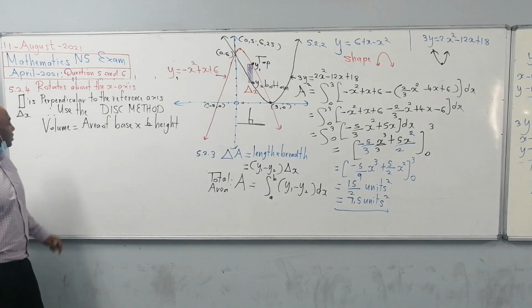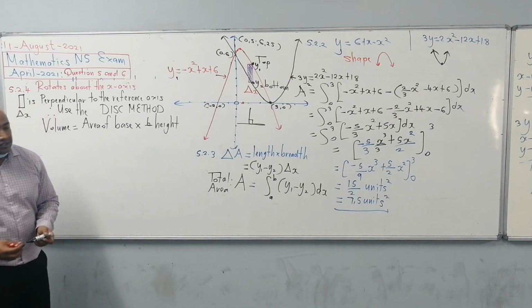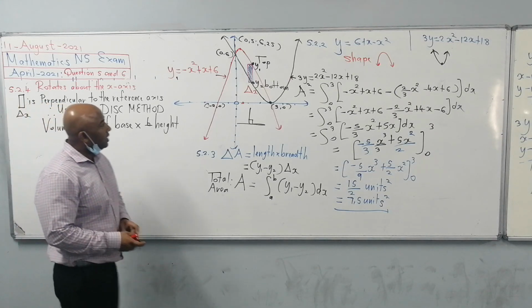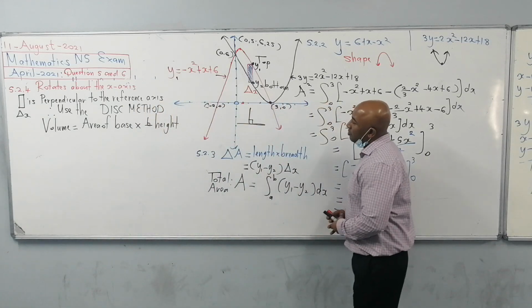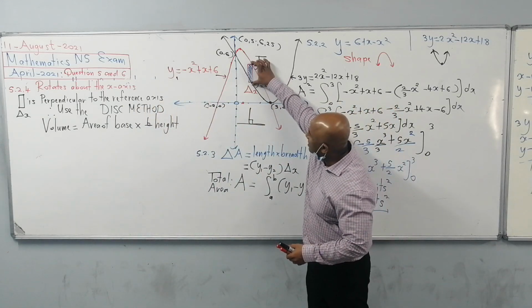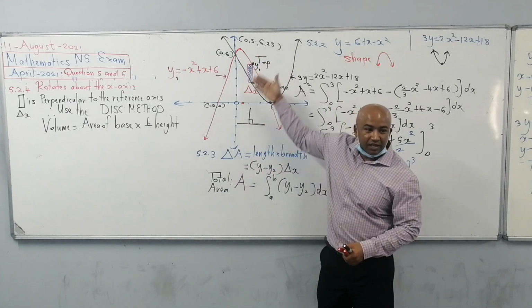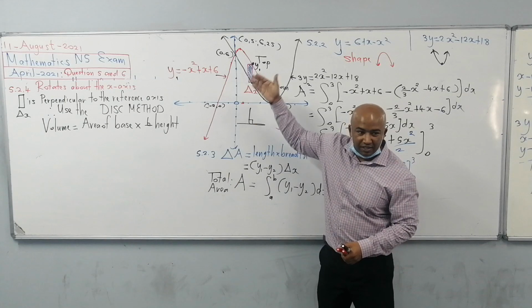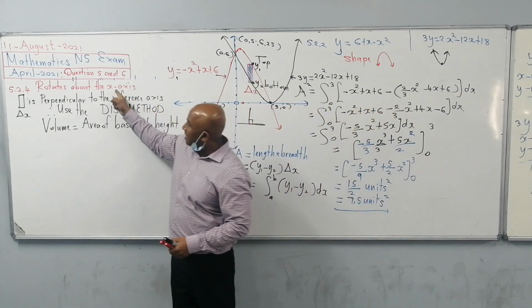Okay. So, what is the area of the base? What is the height? So now, what's happening here is this is going to be rotated. So we're taking this here and we are rotating it around the x-axis. Okay. So your axis of rotation is the x-axis.